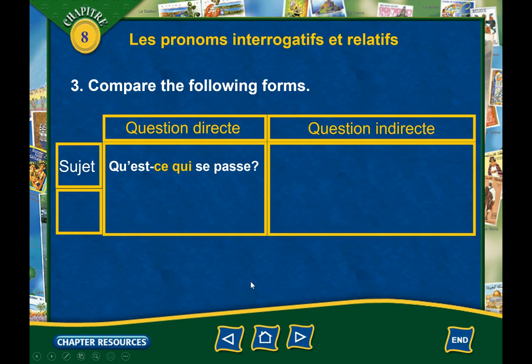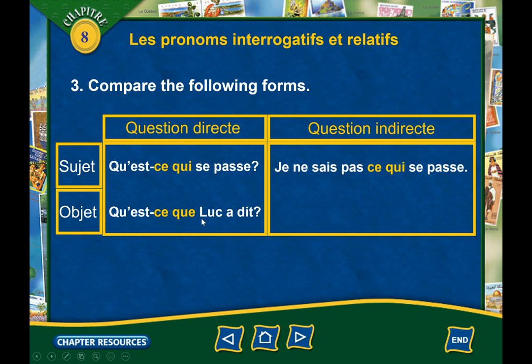In a direct question, we use the interrogative pronoun. We say qu'est-ce qui se passe? That is a direct question. What's happening? We consider it indirect when we use the relative pronoun. Je ne sais pas ce qui se passe. I don't know what is happening. Okay? And then with ce que, qu'est-ce que Luc a dit?